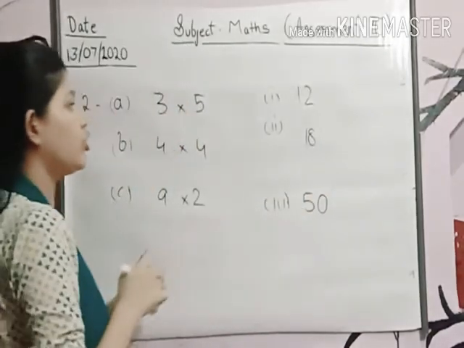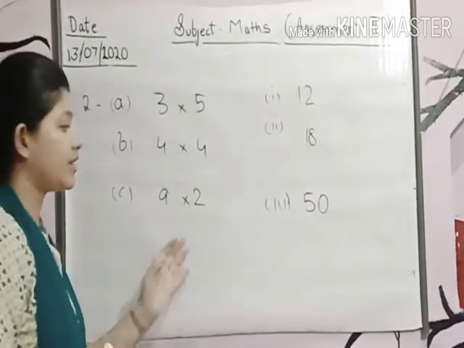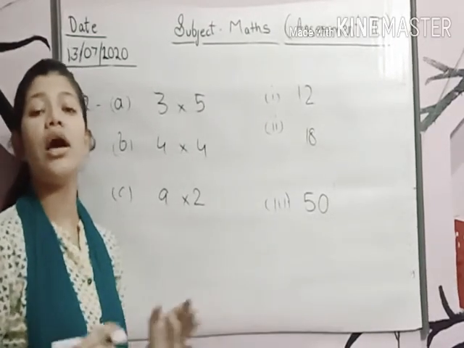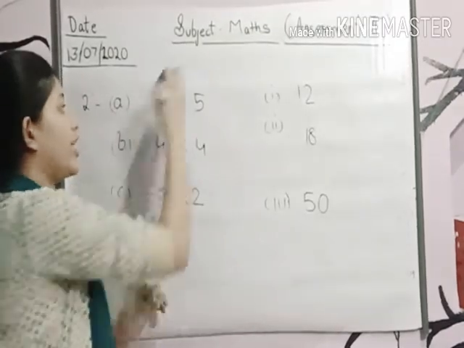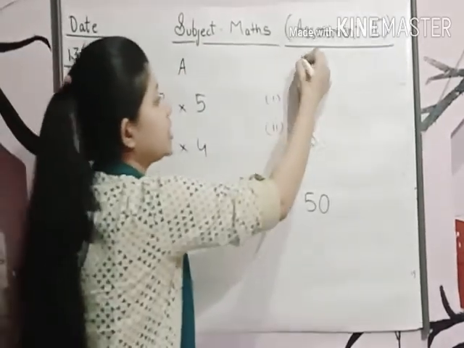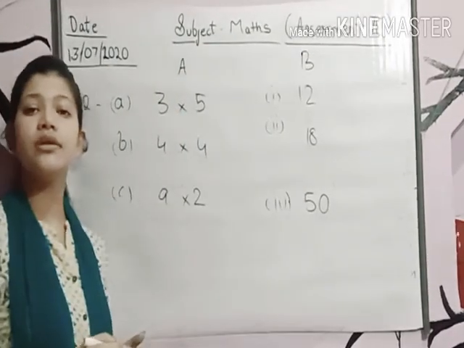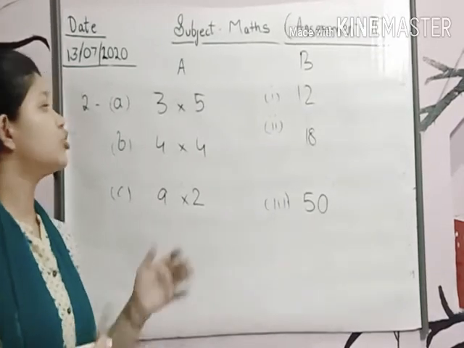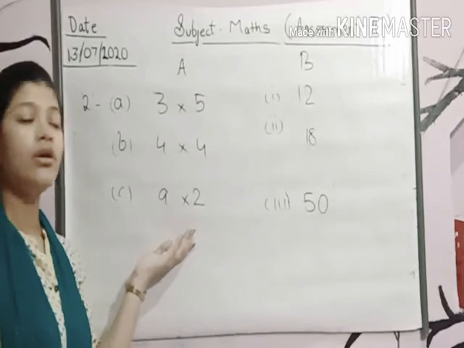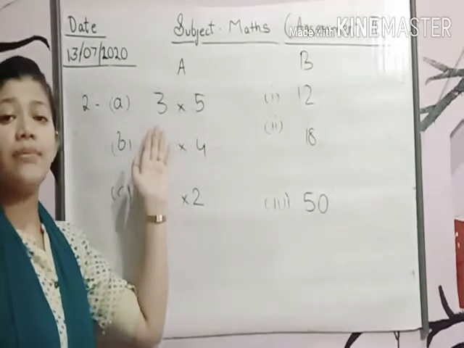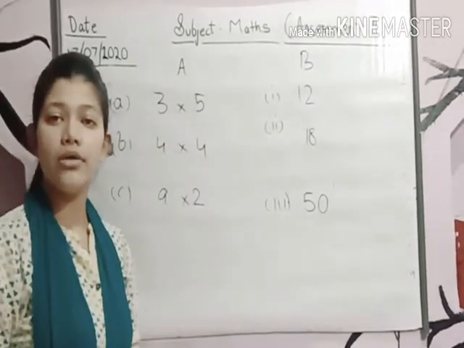Now see, what you have to do is compare this row and this row and find the product. Okay. Now factors are given in column A and products are given in column B. So in column A, first you will see the factor, like 3 into 5. Now tell me, 3 5s are 15.